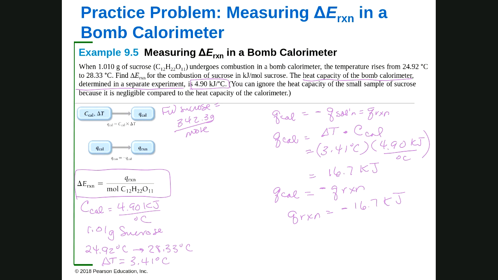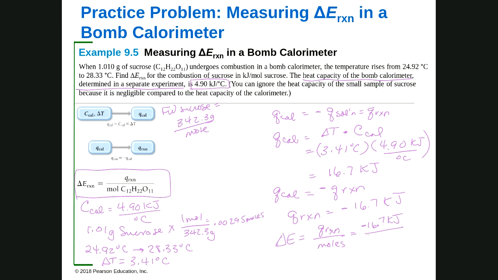If I want to know the change in energy, it is the Q of the reaction divided by moles of solute. So that's a negative 16.7 kilojoules. I've got 1.01 grams of sucrose, and there are 342.3 grams in 1 mole of sucrose, so I have 0.00295 moles of sucrose.